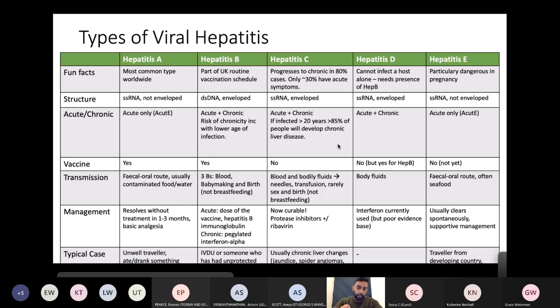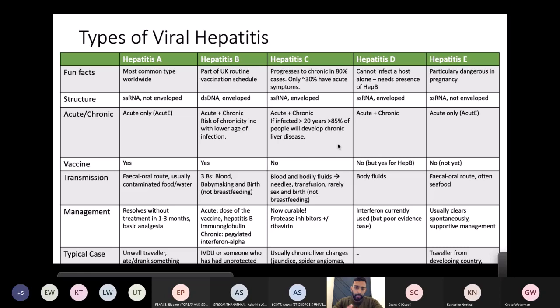You can get it through parenteral transmission, so needle stick or blood, through sex, and it can be transmitted to a child during birth. That's usually because, I think, when the child is passing through the vaginal canal, there's usually some blood transfer.